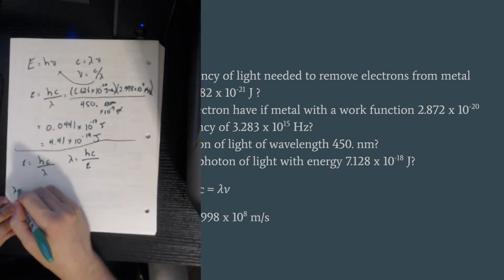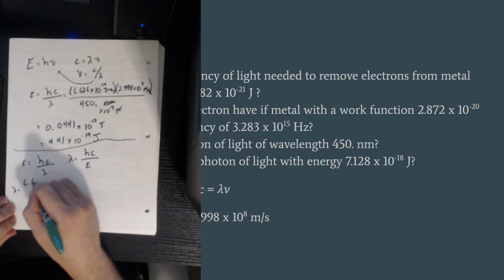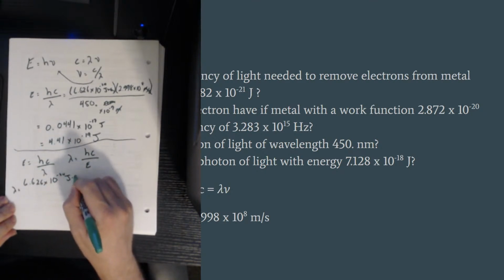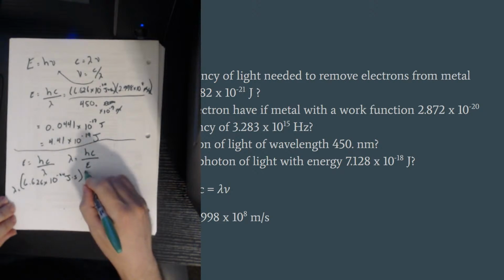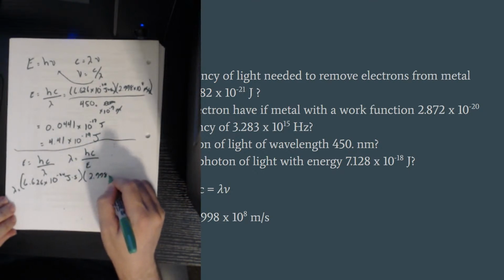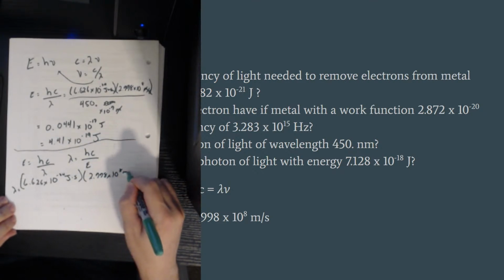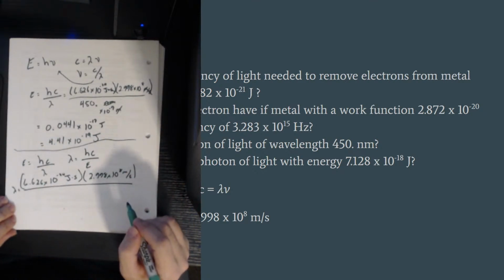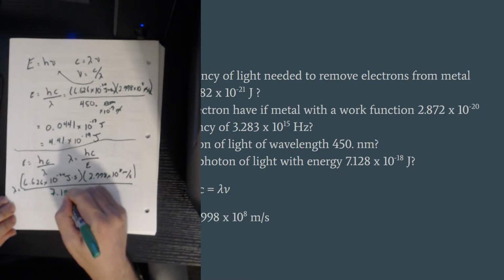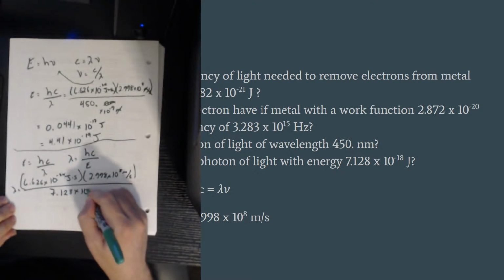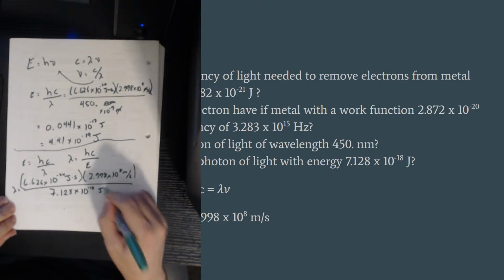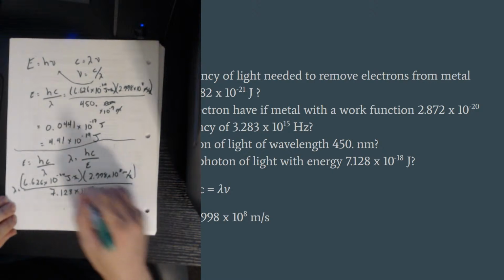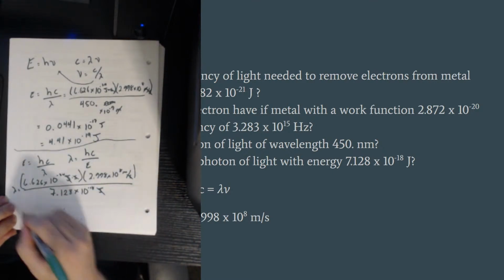So lambda is equal to 6.626 times 10 to the negative 34th joule seconds times 2.998 times 10 to the 8th meters per second, divided by the energy, which was 7.128 times 10 to the negative 18th joules. So seconds will cancel out there, joules will cancel out there, leaving us just with meters.